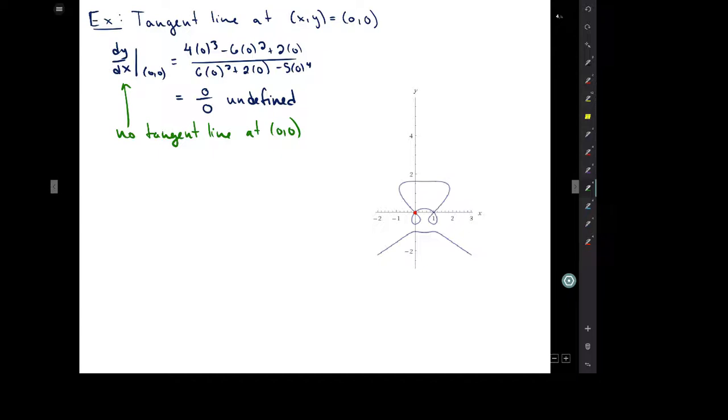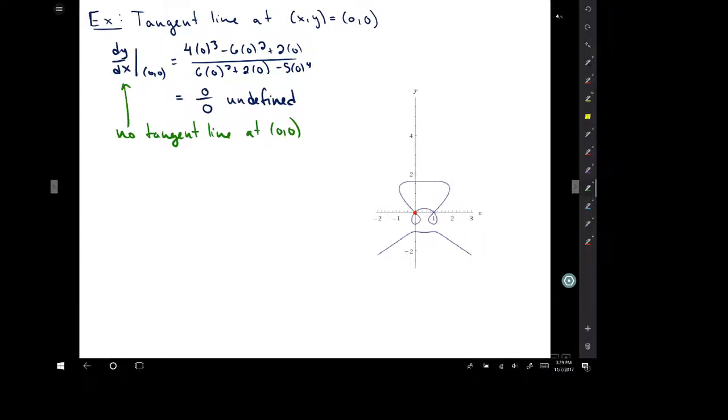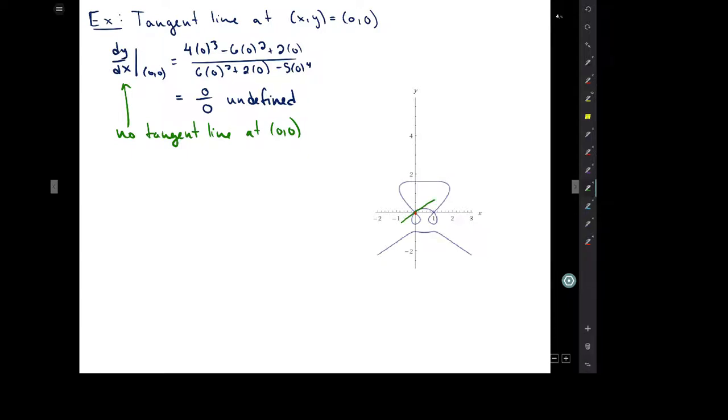In fact, there isn't going to be a tangent line anywhere where the denominator of that thing is equal to 0. And when we look at the picture here too, we can see that we might have trouble defining a tangent line at this point, because we don't know whether we want to use this as our tangent line or whether we want to use this. There's two different curves that cross through there.